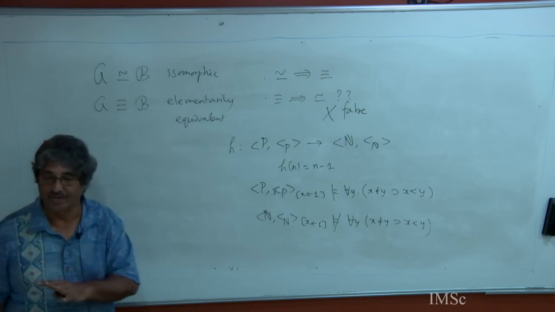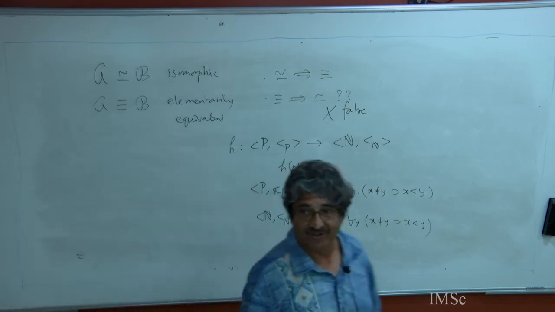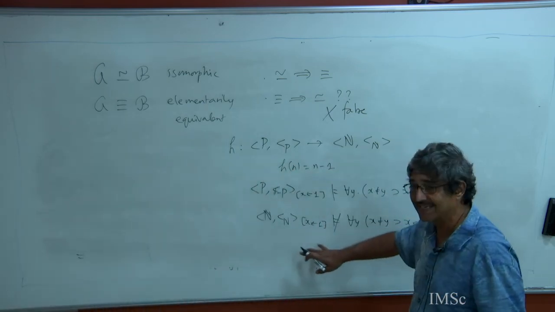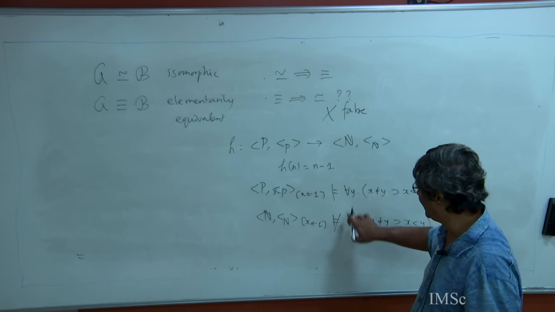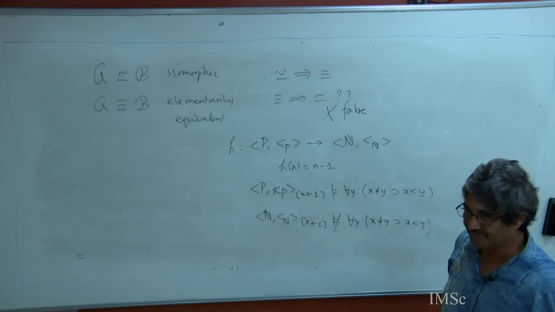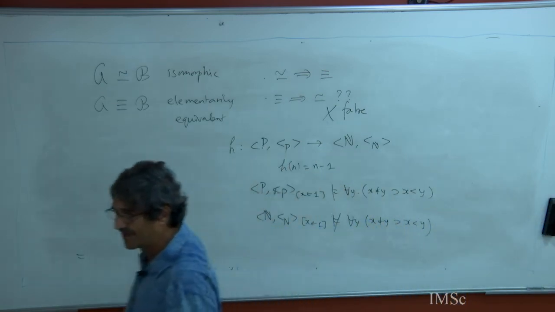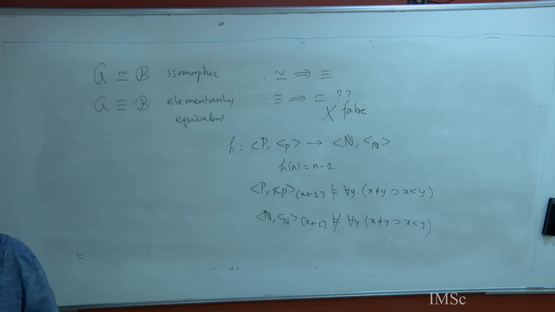What you are saying is true, but I'm just saying that with this assignment, with this particular model, these two sentences are not satisfied. I agree that with h of 1 it is true.